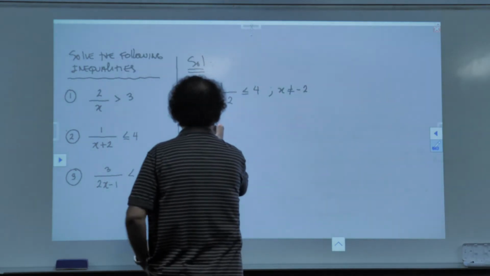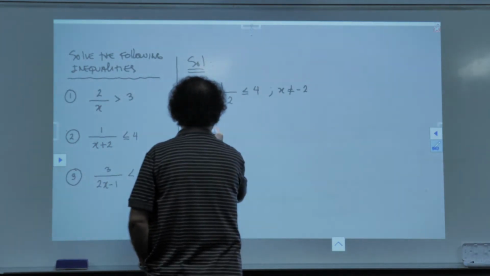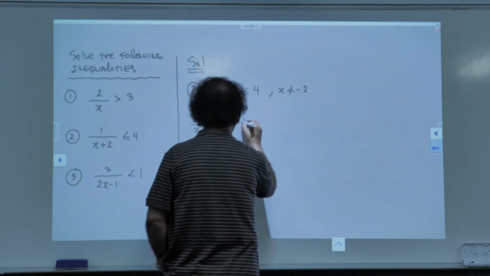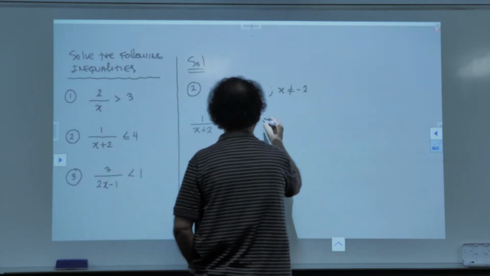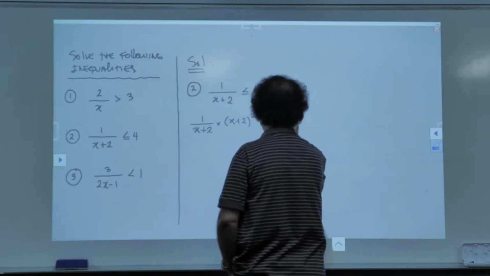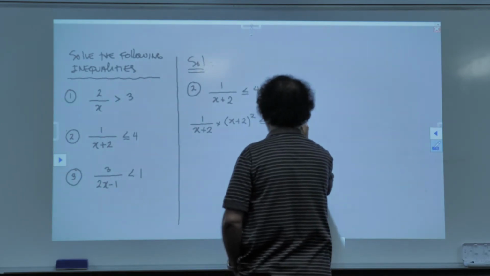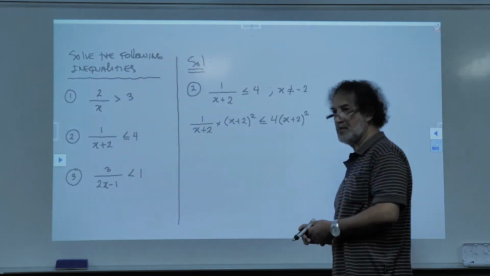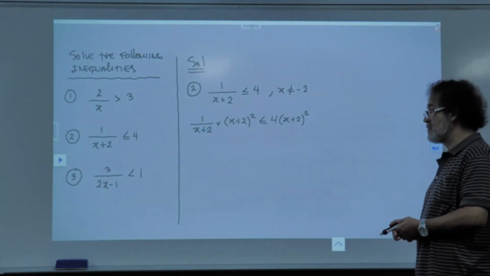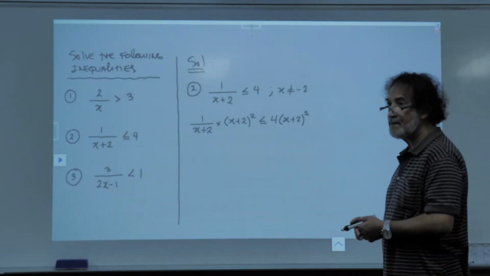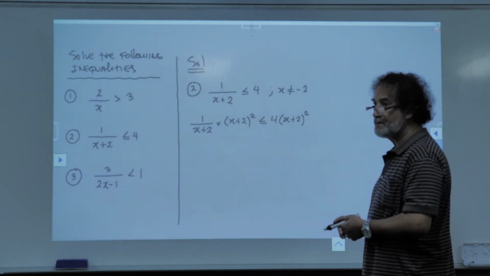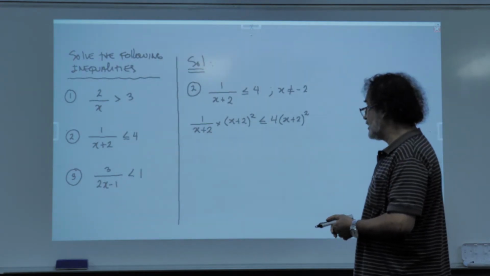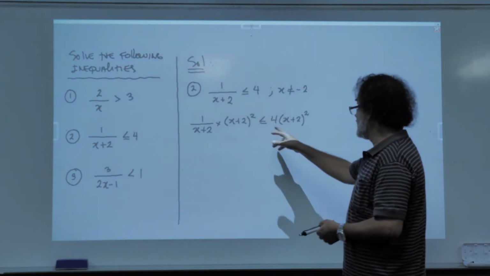So multiply by (x+2) squared is less than or equal to 4 multiplied by (x+2) squared. That's because it's addition in there. If it was like x times 2, you would just do x squared.